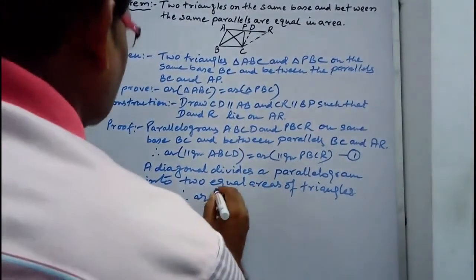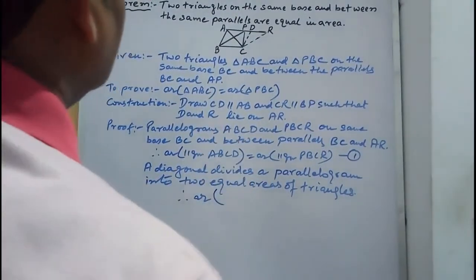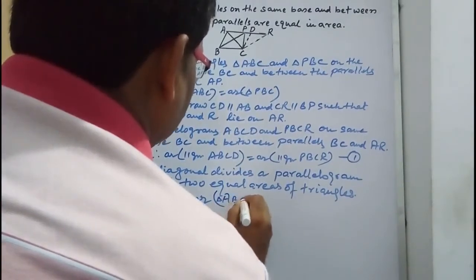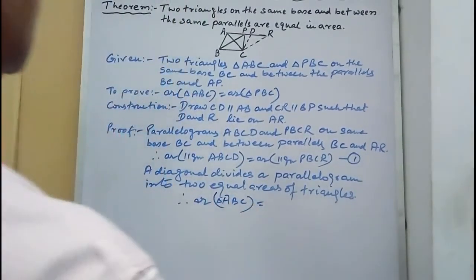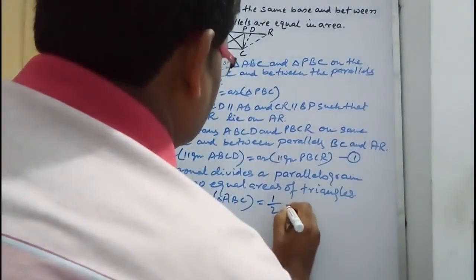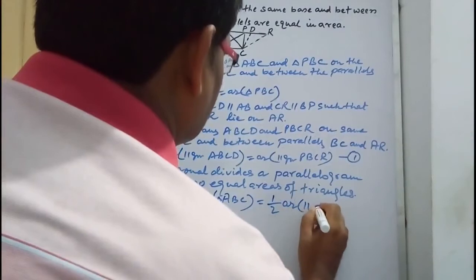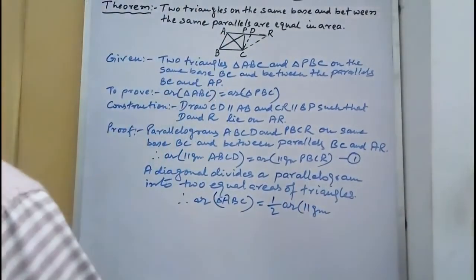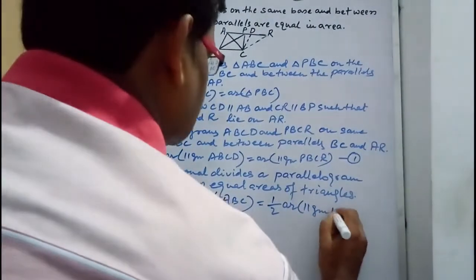Area of triangle ABC is 1/2 area of parallelogram ABCD.